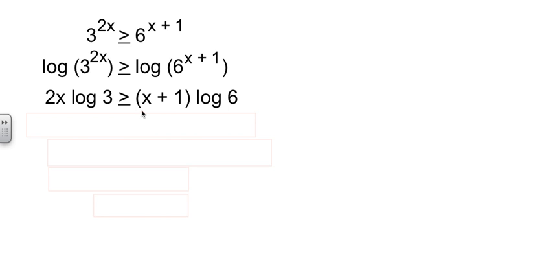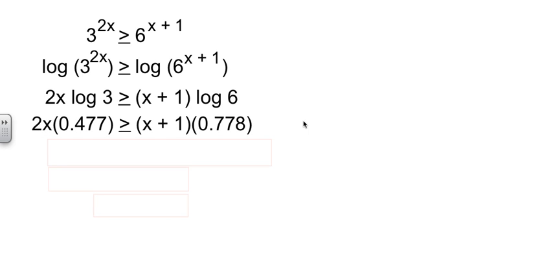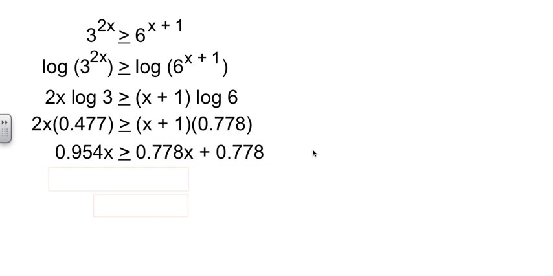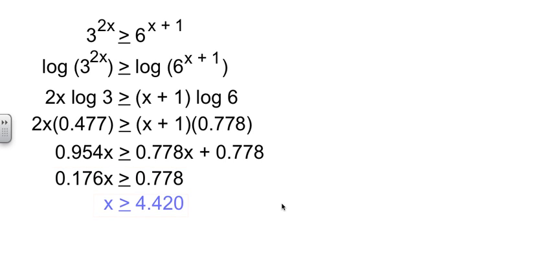I'm going to be careful and put that in parentheses so I remember it's the whole thing being multiplied by the log of 6. Trusty calculator gives me some values for log of 3 and log of 6. Distribute and collect up things, clean them up. Subtract the x's over. And presto, when we divide, we get our final answer.